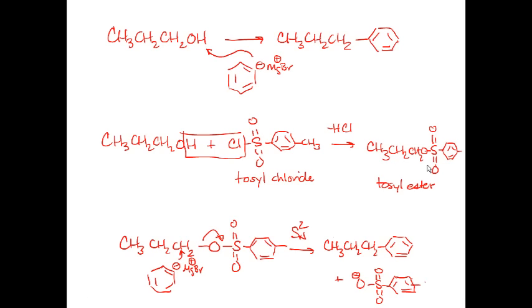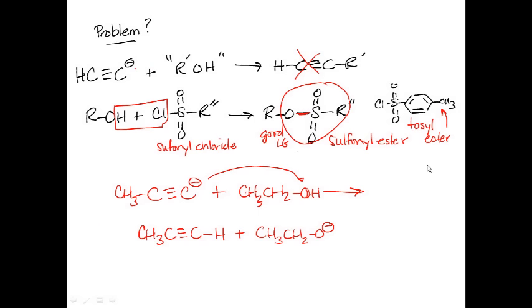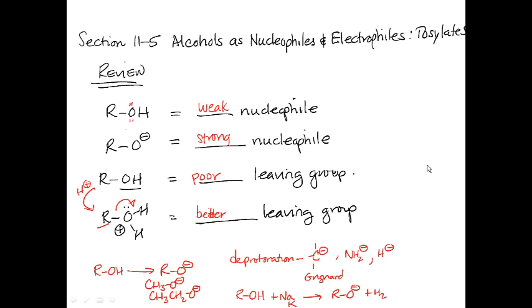If we go through a quick summary of what reactions we looked at, we started with the idea of how we can convert a weak OH nucleophile into a strong one by simply deprotonating it and turning it into an alkoxide. We can turn an OH group from being a poor leaving group into being a good one by the method that we used last year, simply protonating it.